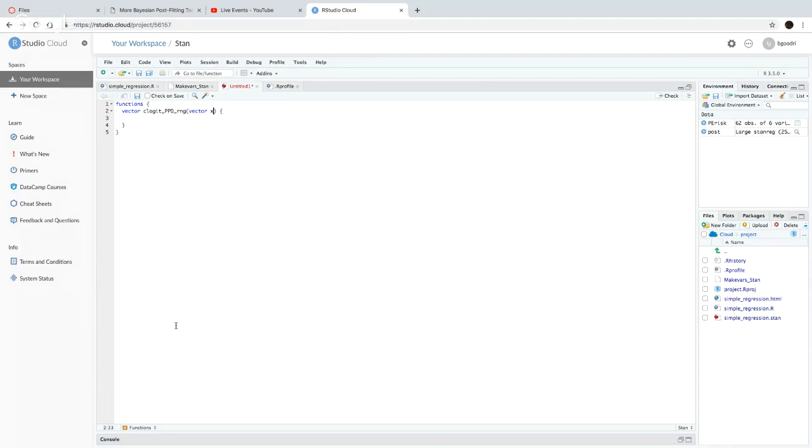We need the mean and the standard deviation for the prior.